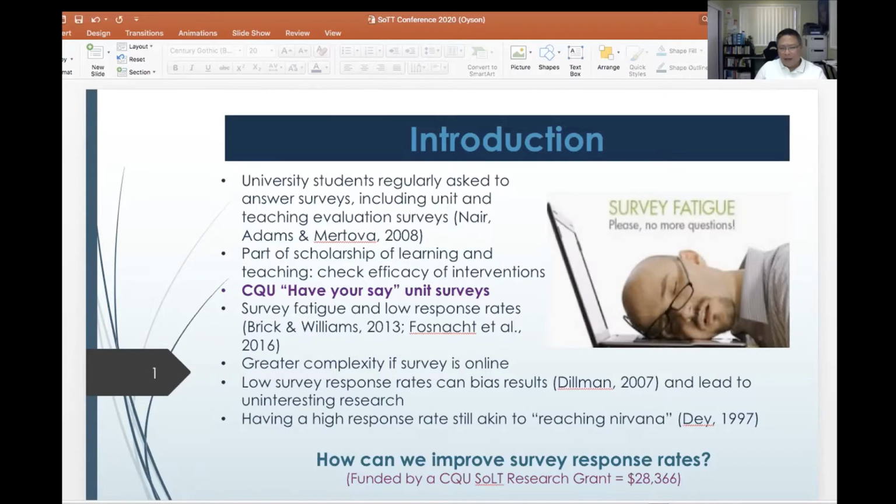Some researchers have said that having a high response rate is akin to reaching nirvana. For a lot of people, the gold standard is that the more responses you have and the higher the response rate, the better your research would be, and the higher the likelihood that your results will be accepted for publication in academic journals.